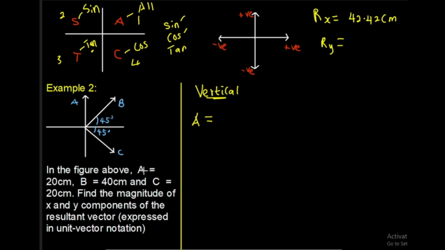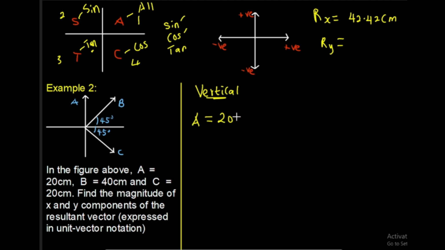what's the magnitude of vector A here? We have 20. Do not forget the formula. Magnitude of the vector, since you're resolving vertically, you say sine, then the angle the vector makes with the horizontal. So say 20. Now A, what's the angle it makes with the horizontal? You can see from here down to the horizontal, right? They are perpendicular, and the angle is 90 degrees.